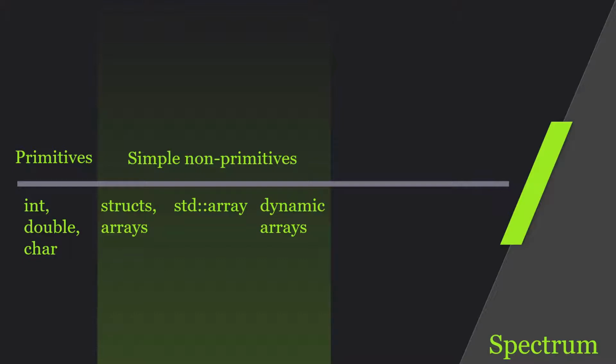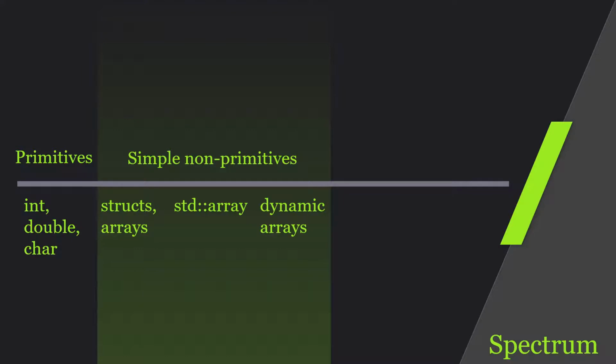You can maybe argue that depending on how you implement the dynamic arrays, it might be further to the left on the spectrum. If we're not storing anything but the size of the array, and we're not having any other extra behaviors, maybe you can argue that it's less complex than a C++ built-in array. But again, most likely it's going to be a little bit more complex than an array, and so that's why I put it here on the spectrum.